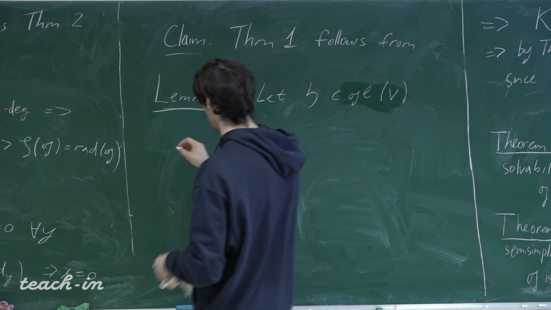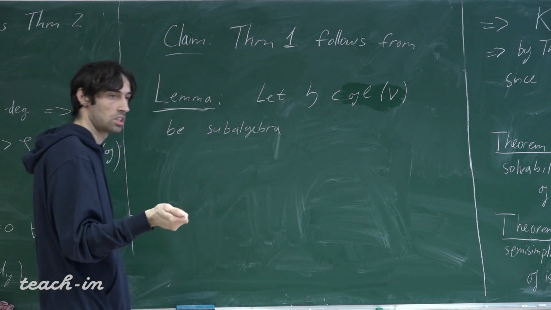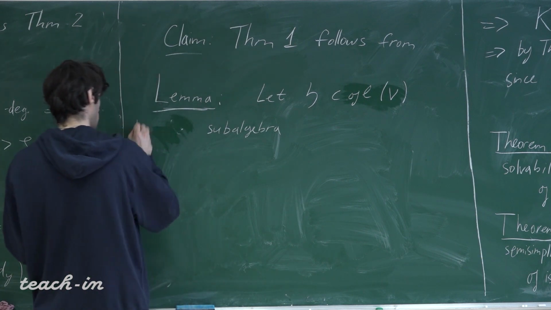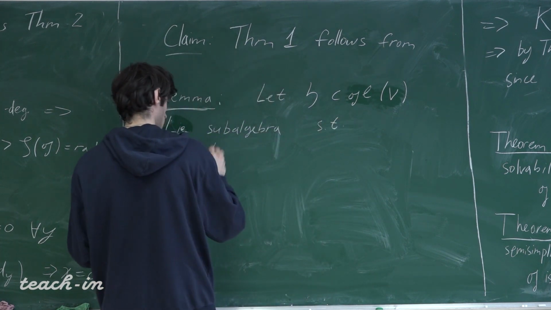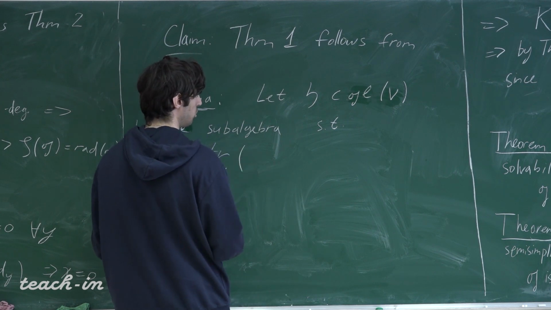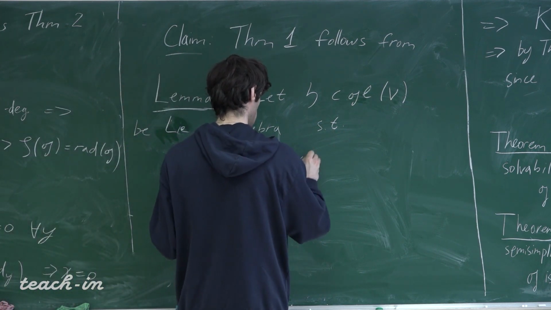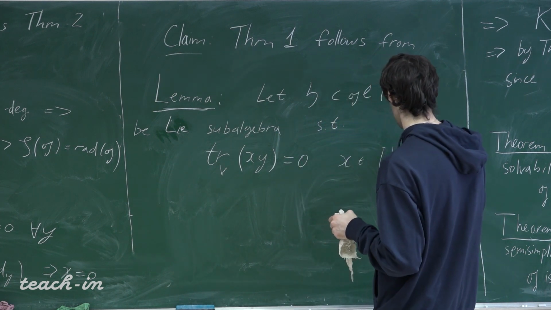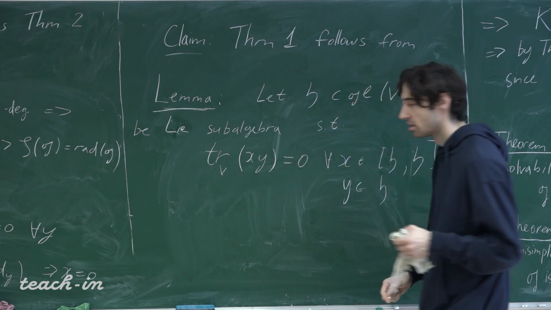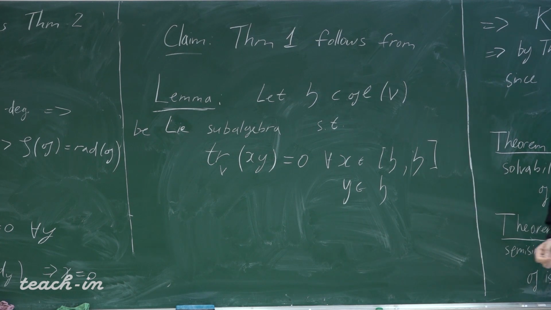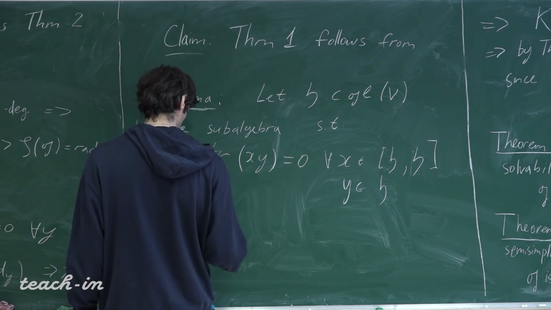So, a matrix Lie subalgebra, such that I can take the trace over V of two elements of H. I would like it to be 0 if I take x from the commutant of H and H, and y just from H. These are the conditions.